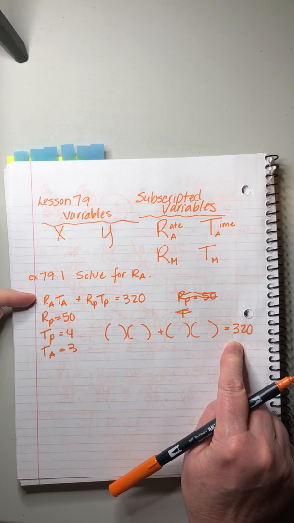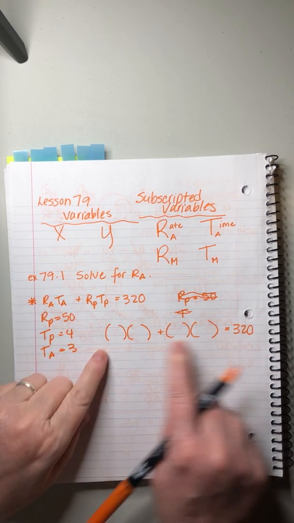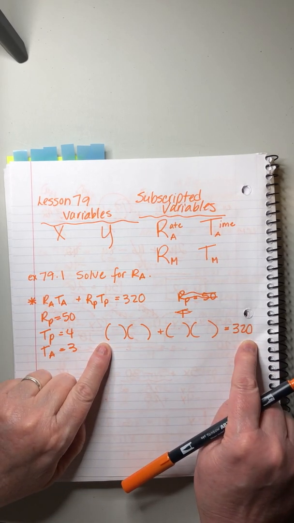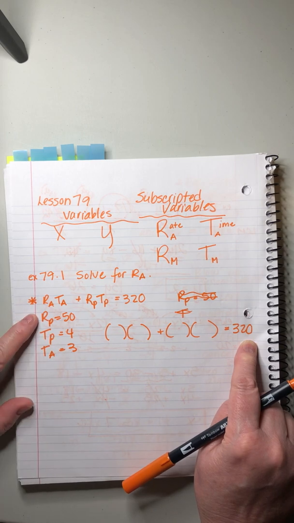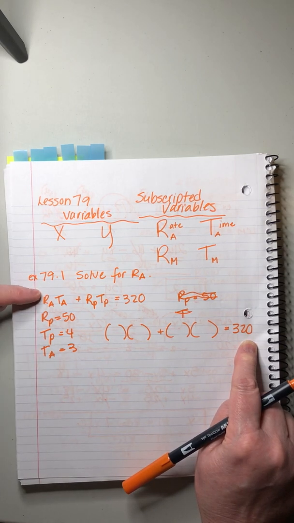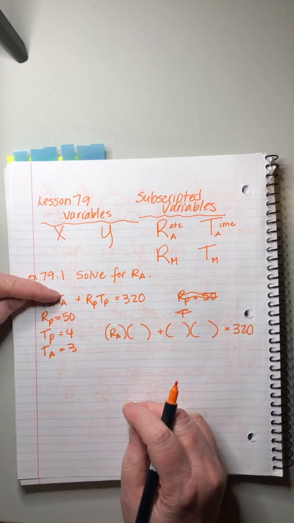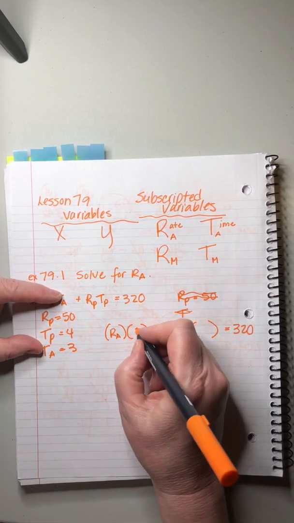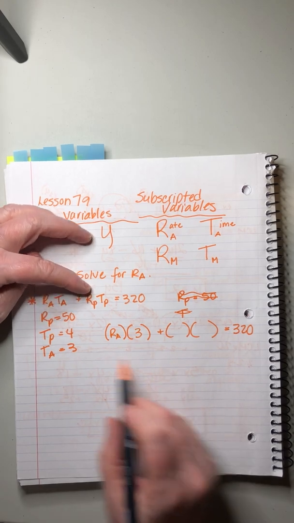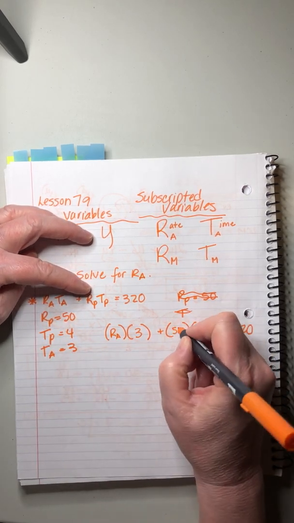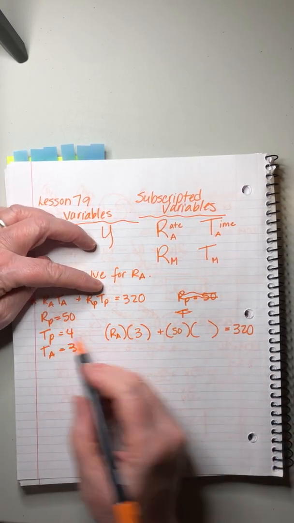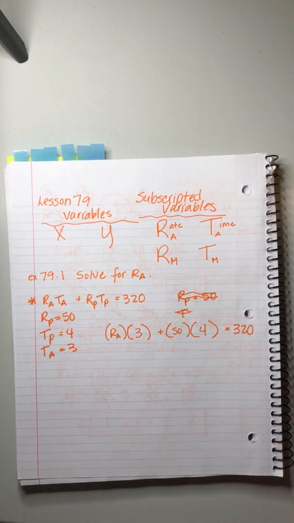So number 1, find your base equation. Number 2, set up buckets. Okay? 3, fill in. RA, oh, that's the one we don't know, so we just have to settle for the letters. TA, 3. RP, 50. TP, 4, and we're good.